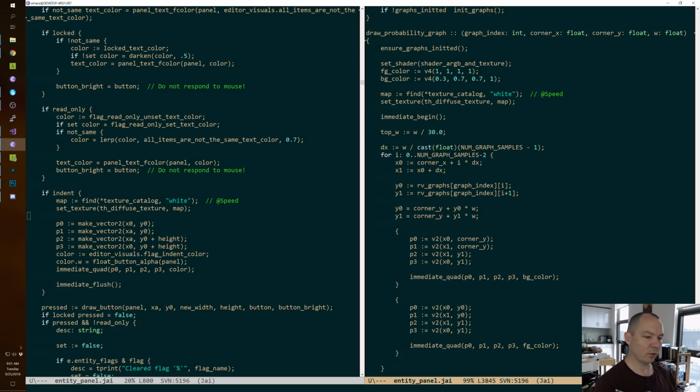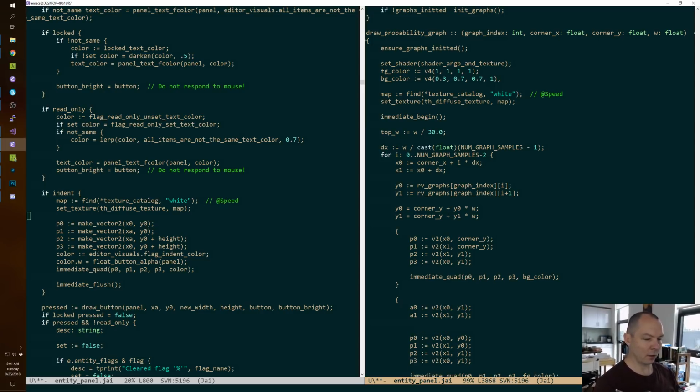Here's the background, and then for the foreground, let's call it A0 is some vector from x0 and y1, and A1 is some vector x1 and y1. So this is the vector along the top of the graph.